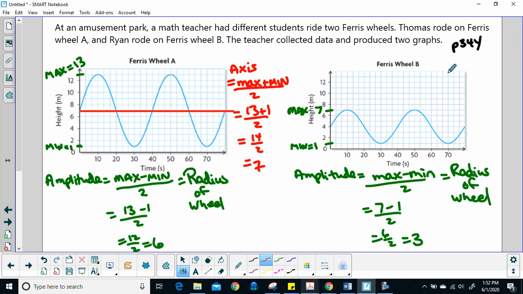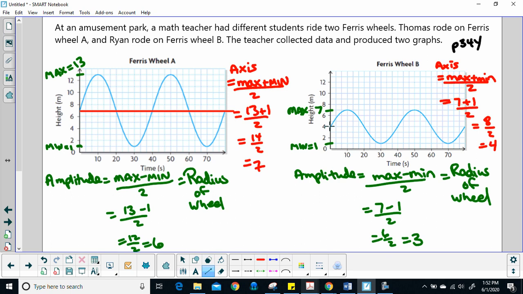My axis is max plus min divided by 2. So that gives me a 7 plus a 1 divided by 2, which gives me 8 over 2, which is 4. So I would draw its center line at 4. So that's where the middle of the wheel is.